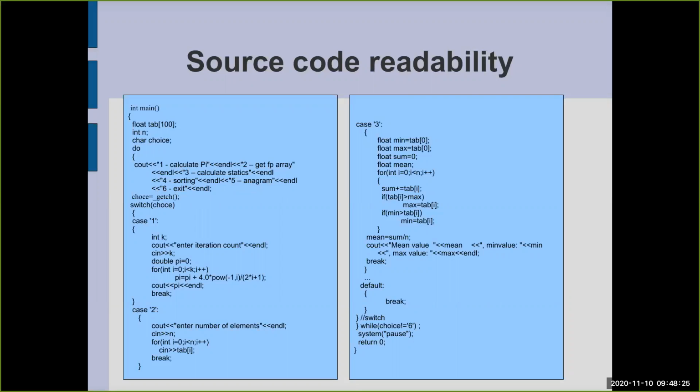So what is wrong with this code? Look, we have a single function, the main function, and there are several blocks.